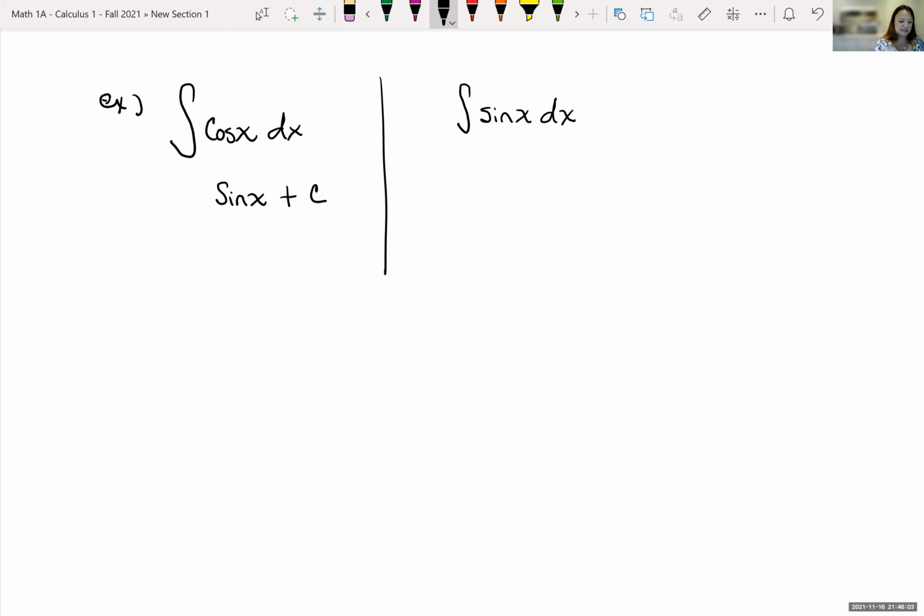And so the antiderivative of sine of x is going to be negative cosine of x plus c. Because again, if we take the derivative of a trig function that starts with co, we take the negative of that. So the negative of this negative would make this a positive sine of x.